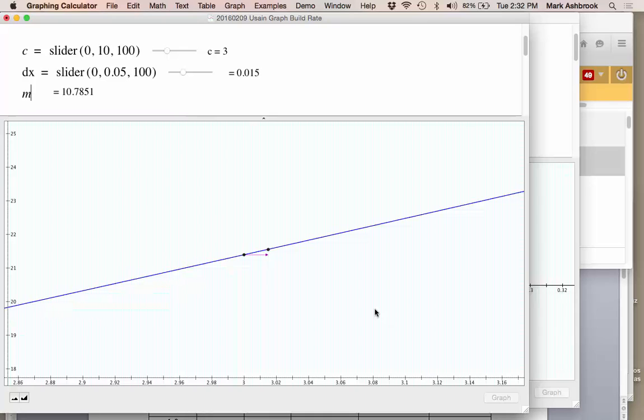So for this one, I'll set it at 0.045. So that's dx equals 0.045.